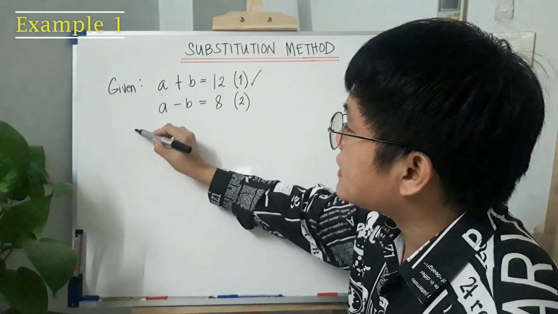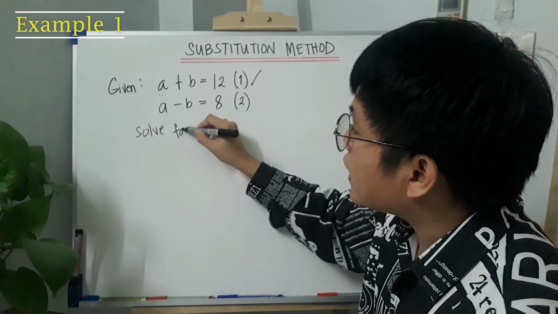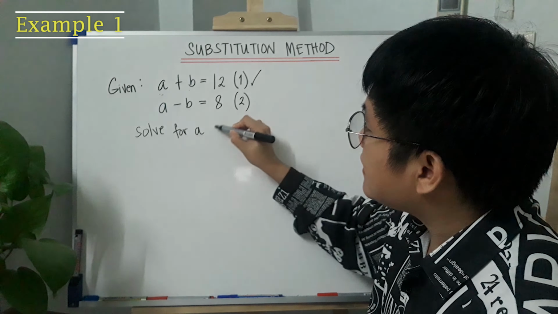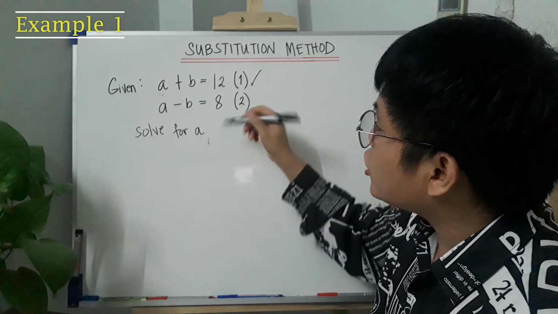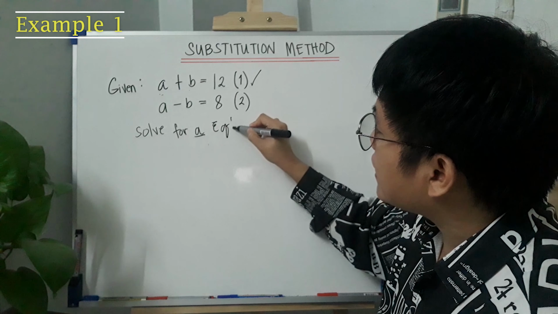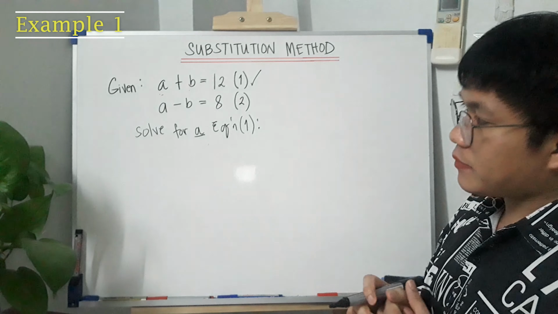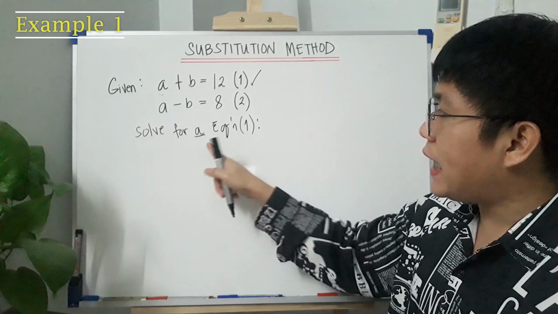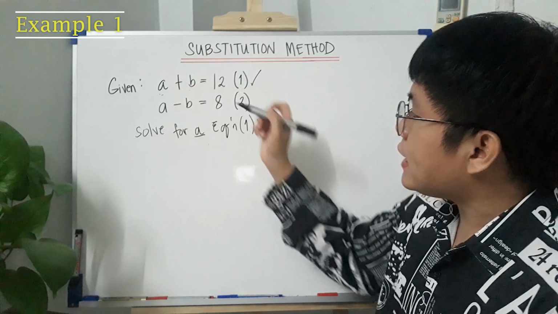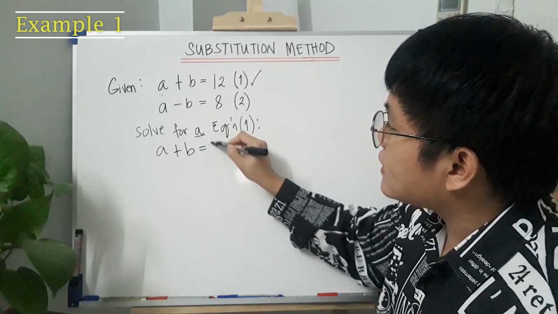So we have here step number 1: solve for A that is in equation number, you have to indicate what number of the equation, equation number 1. So we have here solve for A, equation number 1. Using equation number 1, we have A plus B equals 12.